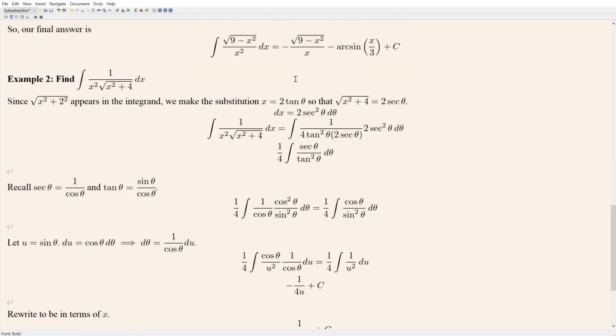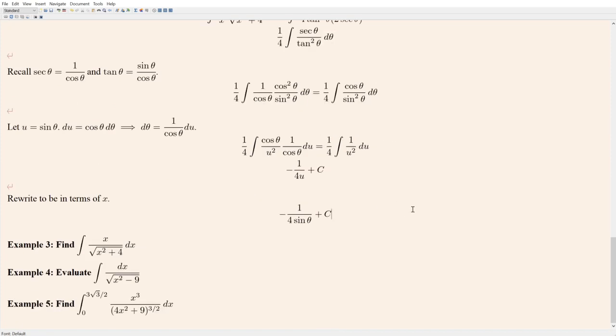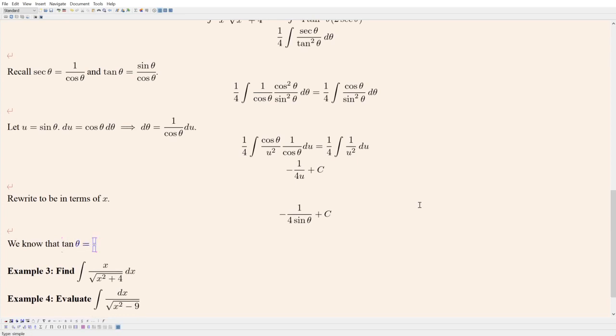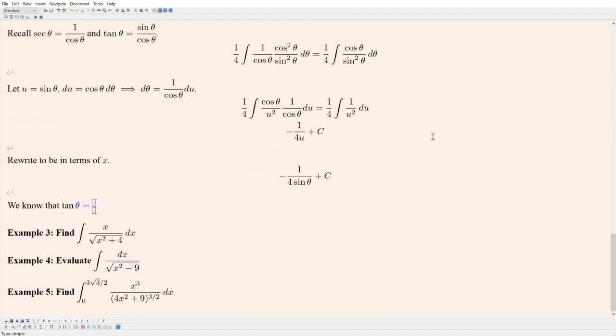Well, we don't know what sine theta was, but we do know what tangent theta was. Tangent is the same as x over 2. Now, can we get sine out of that? Well, yeah, we're going to have to use a Pythagorean identity. We know that tangent theta is equal to x over 2.